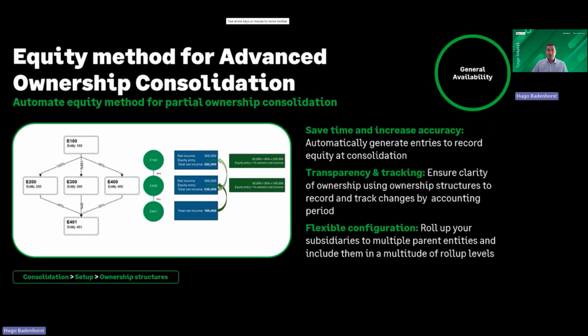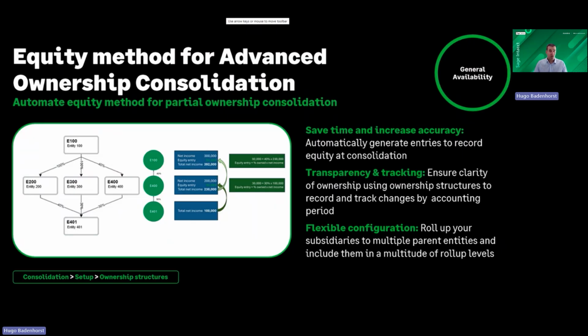On the GL side, I would say GL side, but it's more around consolidation. Again, just to reiterate, with our consolidation, there are a few modules available, a few variants. We've got our normal domestic consolidation, which is basically if you've got all of your entities in the same currency, we can do consolidation elimination on that domestic level.